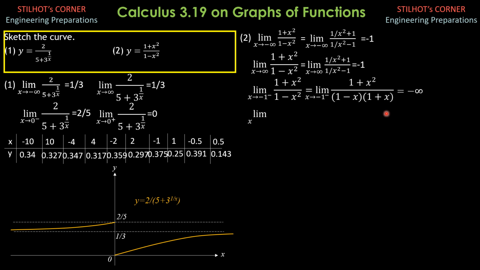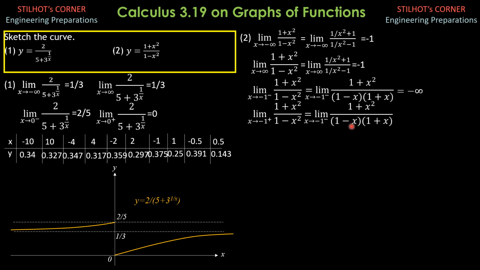Then the limit as x approaches negative 1 from the right of 1 plus x squared over 1 minus x squared is the limit of 1 plus x squared over 1 minus x, 1 plus x as x approaches negative 1 from the right. So negative 1 from the right is, say, negative 0.99.